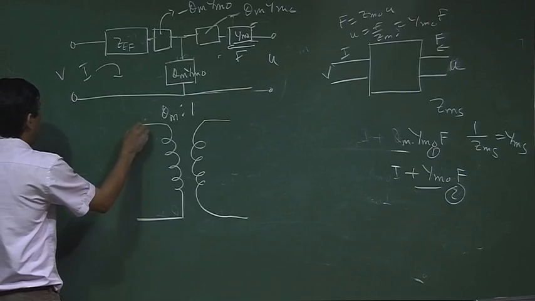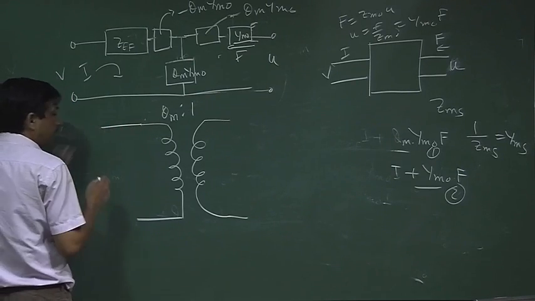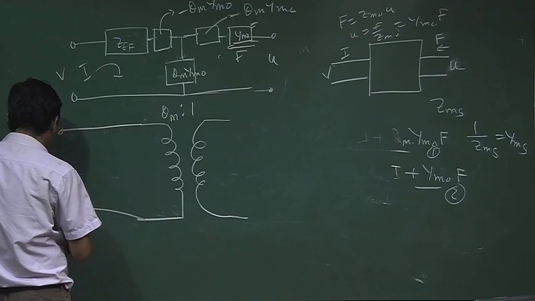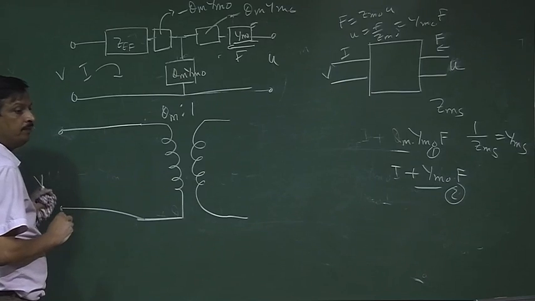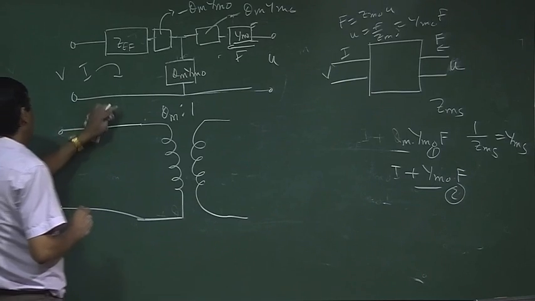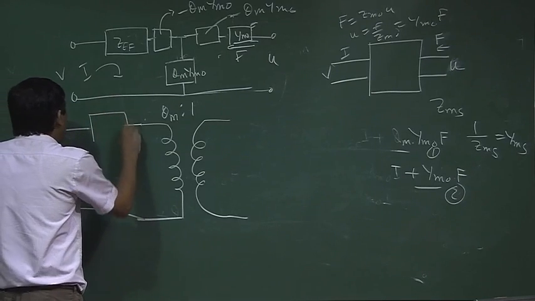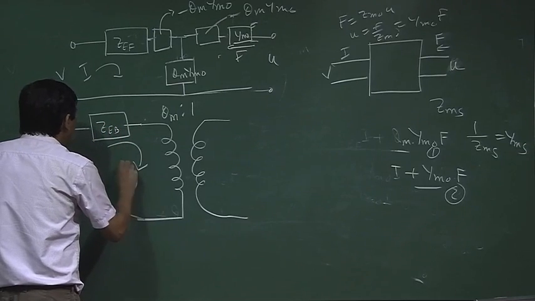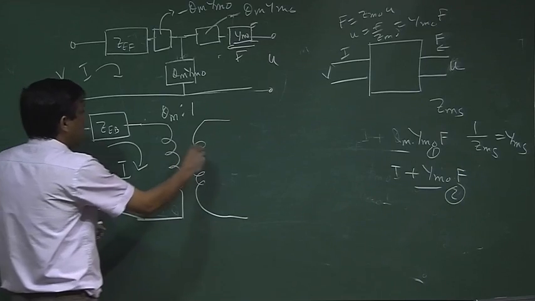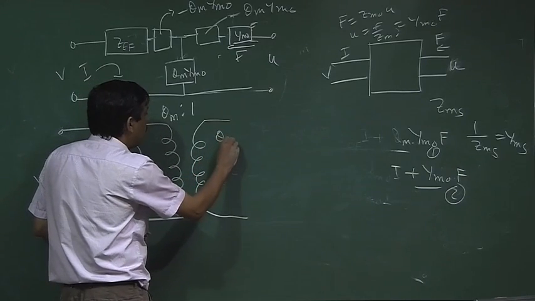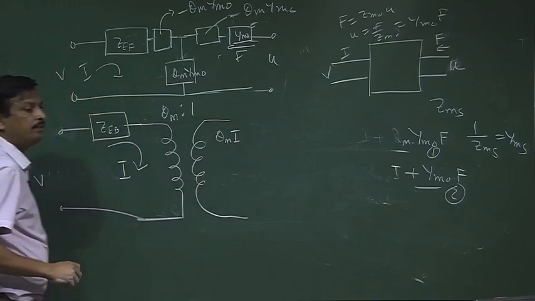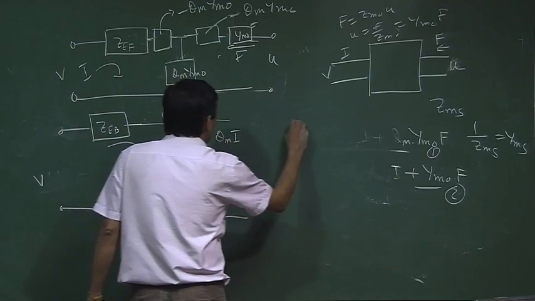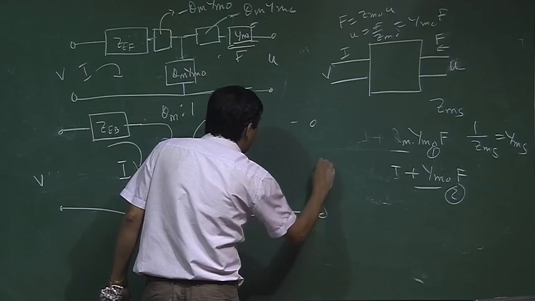So, if I apply a voltage V here, and I put an electrical impedance ZDB, then the current I is produced, and on this side it will be phi m into I. Now, on the mechanical side, I apply U as a voltage.